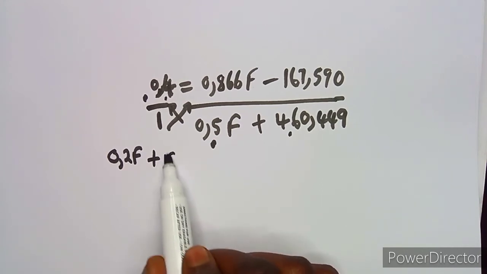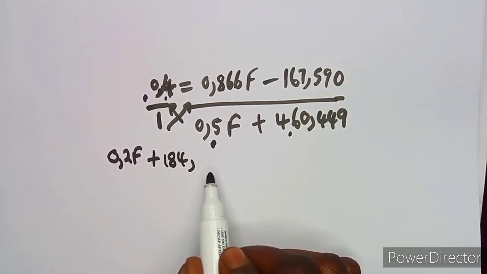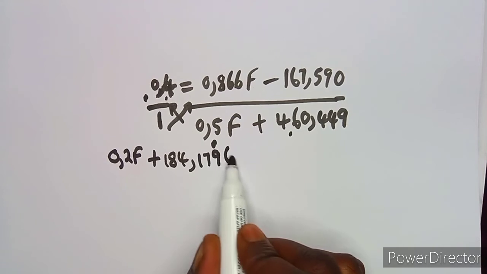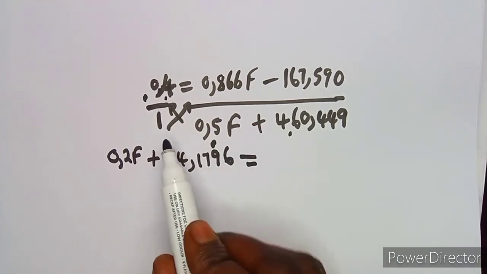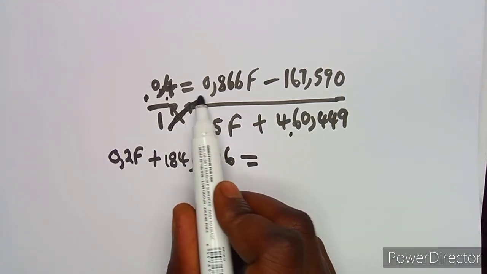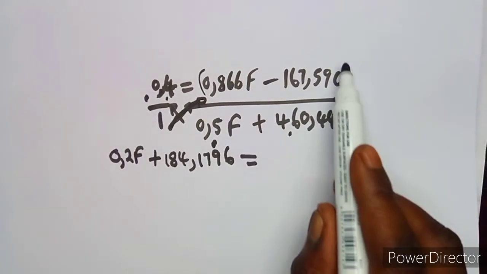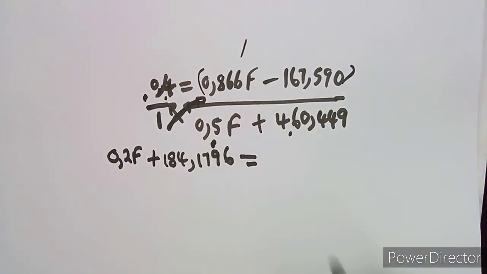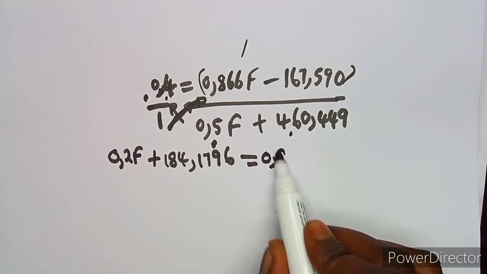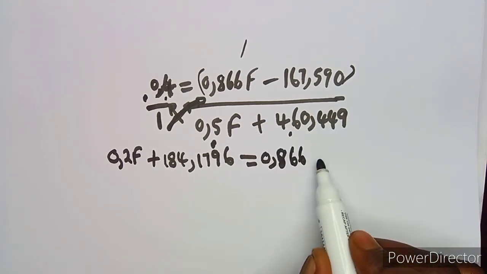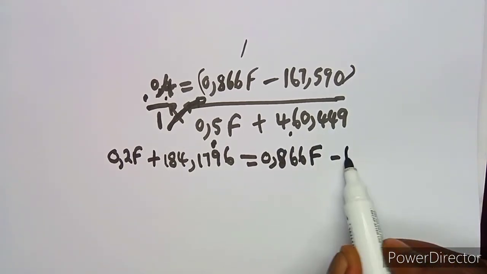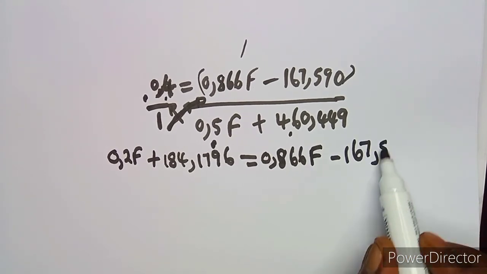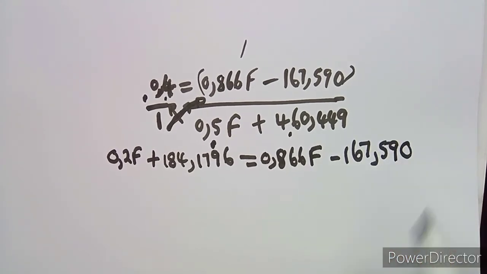You're going to obtain 184.1796, which is equal to 1 multiplies this side. This side is going to remain as it is because you're multiplying by 1, there's no effect, so it's going to be 0.866f minus 167.59.